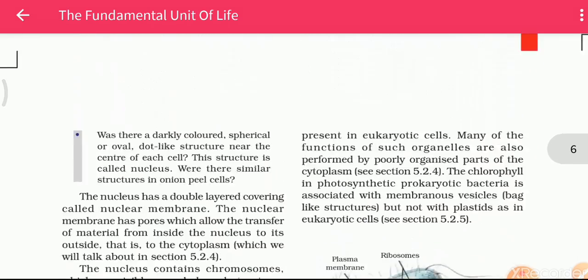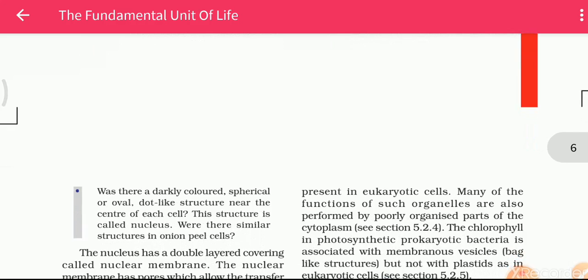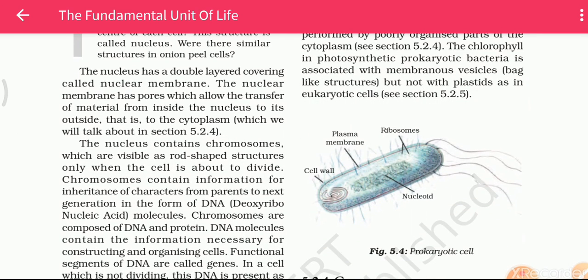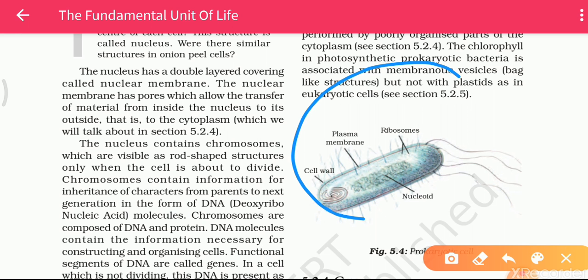But your main topic starts from here. I will explain this one in my next video, but this one is very important. What is a nucleus? In the starting I already explained to you about the structure of the cell. This is the cell. Students, first we will see this diagram. When we see this diagram nicely, then you will understand this whole paragraph.